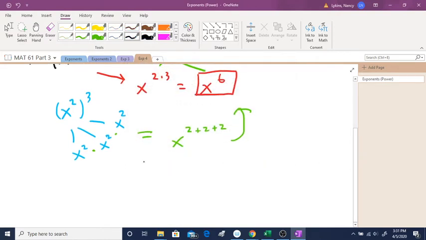So I'm going to add something to this. What about if you had 3n to the third power, and we're going to take it to the fourth power?